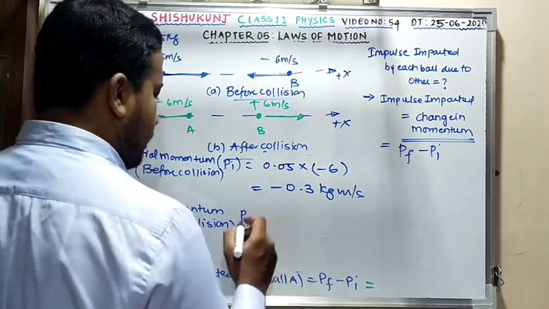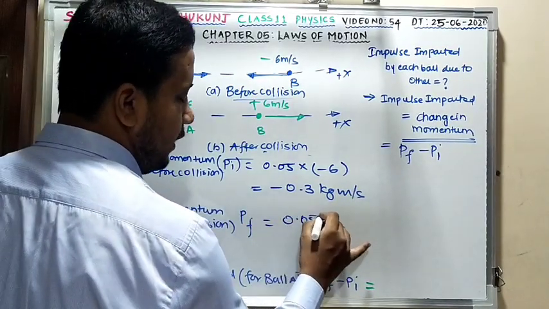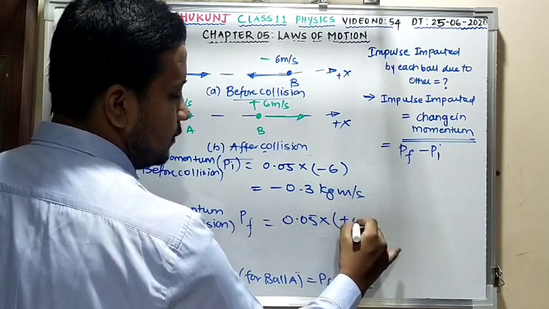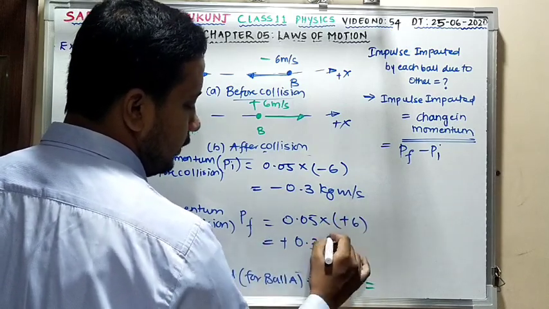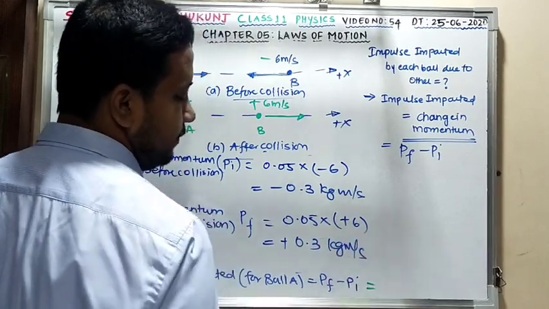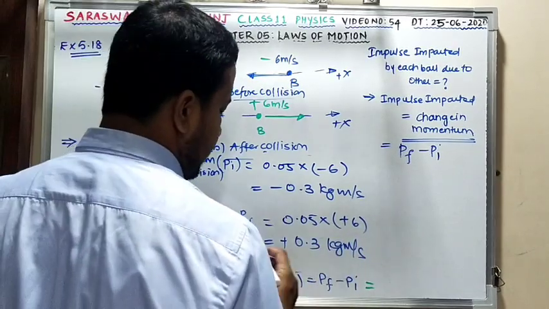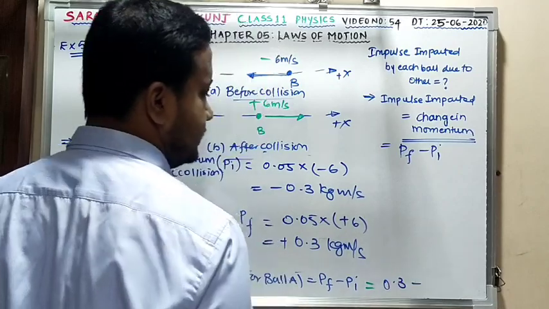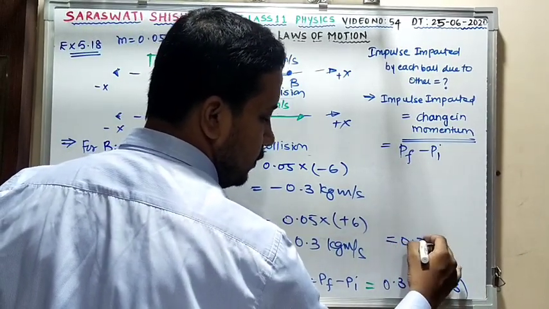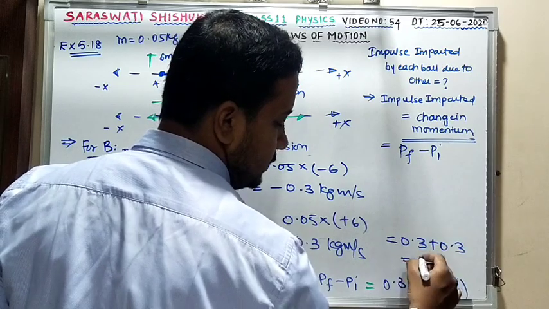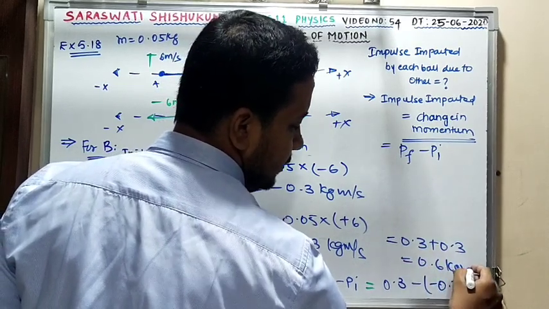Clear? For the final case, 0.05 and velocity is plus 6, so my answer is plus 0.3 kg meter per second. Yes or no? Final is 0.3 minus initial, minus 0.3. So my answer is 0.3 plus 0.3, that is 0.6 kg meter per second.